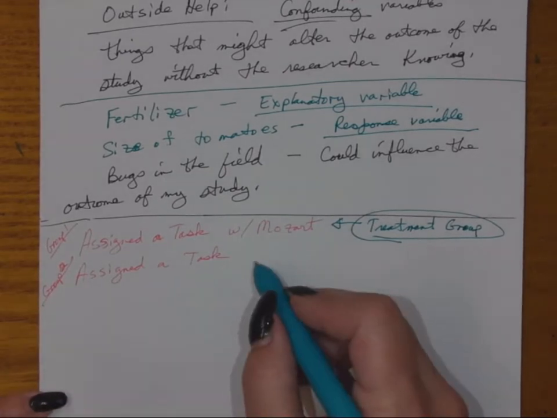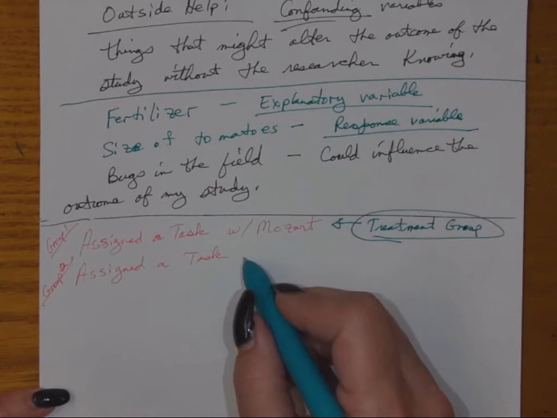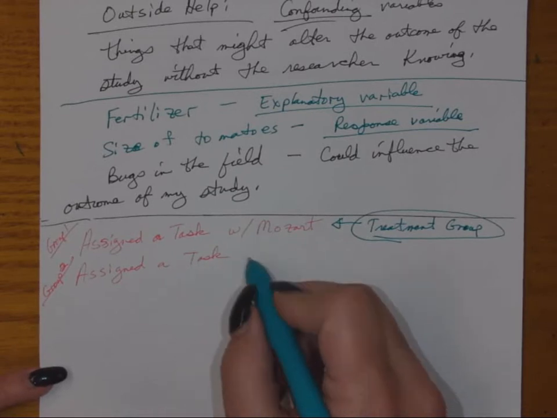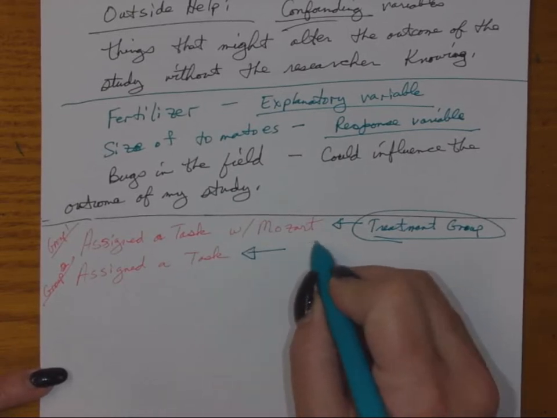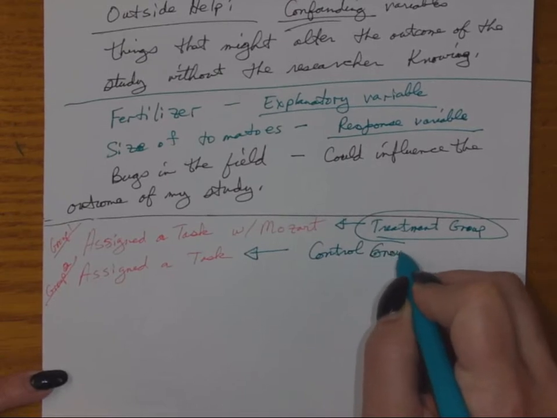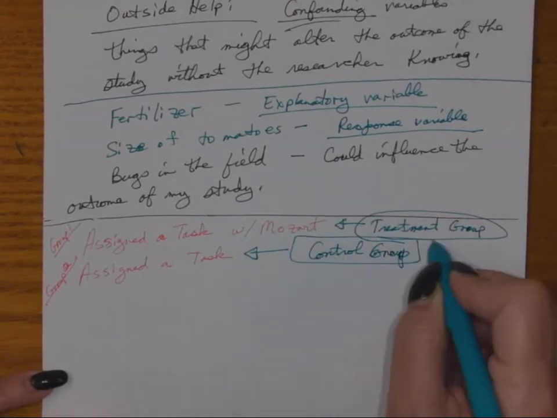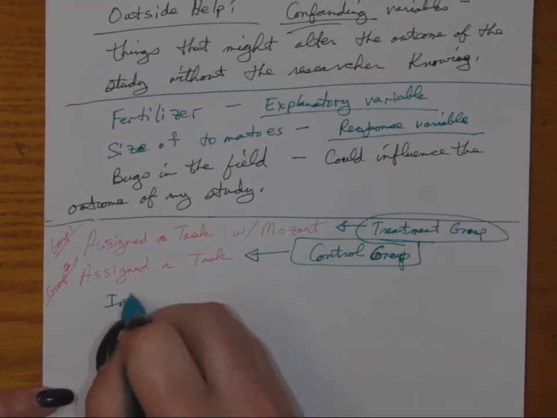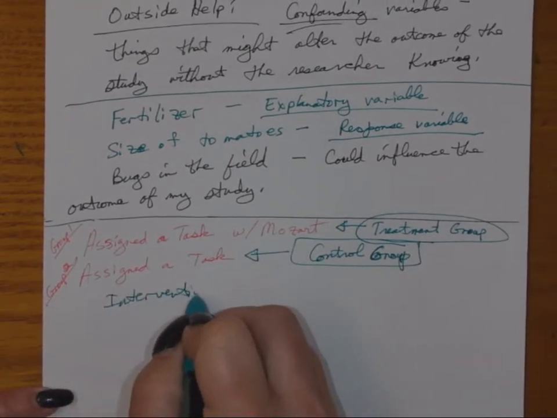Okay. This group down here, they don't know that they were supposed to be listening to Mozart. For all they know, the task could be their whatever treatment is, their medicine, so to speak. So this is my control group. You do this without the intervention. So what is the intervention or the treatment?